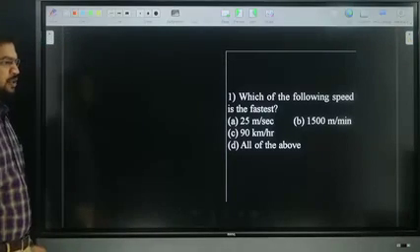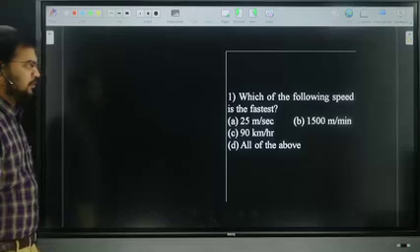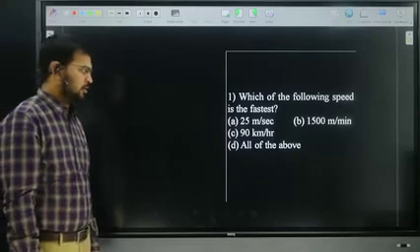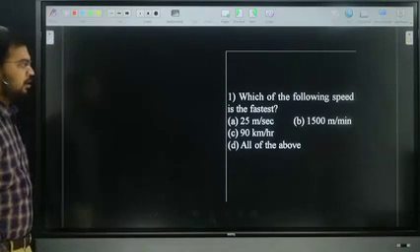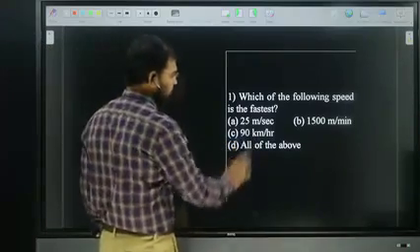So see the first question. Which of the following speed is the fastest? Here there are three options. One option is already in kilometer per hour.